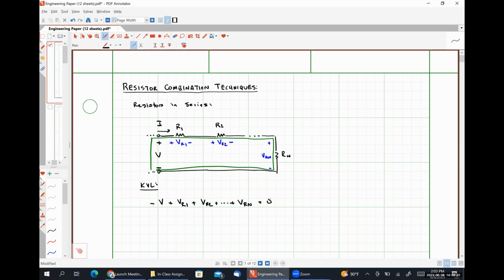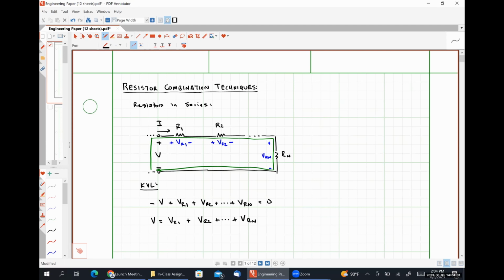Just to make our life a little bit easier, I am going to move that total voltage V to the other side of the equal sign, which gives me V is equal to VR1 plus VR2 all the way out to VRn, like so.